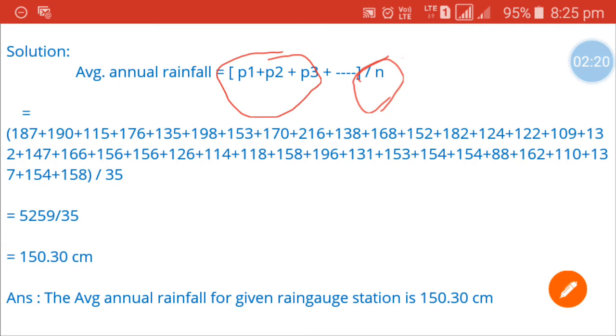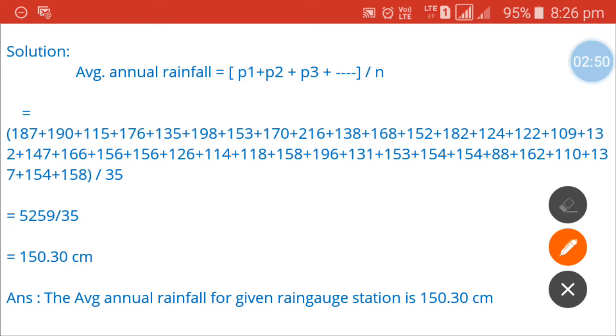Here we find the sum of all the rainfall values in centimeter from first year to 35th year, and we get this total as 5259 centimeters, and that is divided by 35, and we get the average value, that is 150.30 centimeters. In this, the catchment area is not taken into consideration, and that is why whatever result we get by arithmetic mean method is not so reliable.